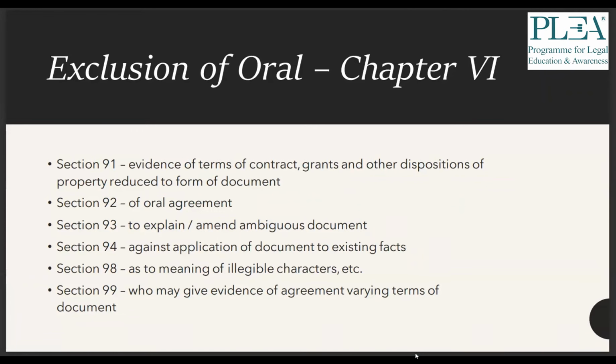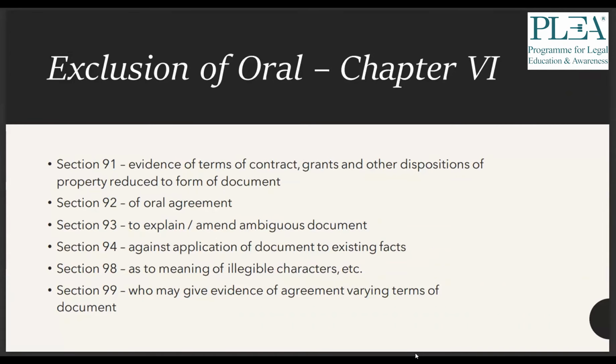Section 94 talks about the exclusion of evidence against application of document to existing facts. Now to prove an existing fact, you may furnish more evidence in the court of law, but when any language used in a document is ambiguous or defective in nature, evidence may not be given of facts which would show its meaning or supply its defect. You cannot really furnish any statements to prove either of them.